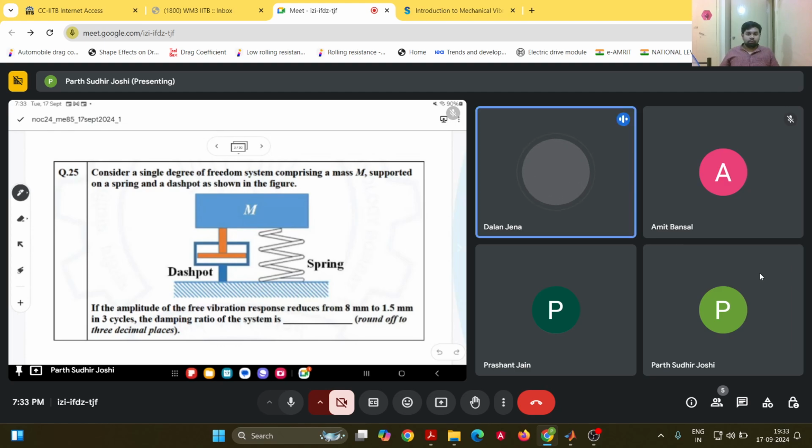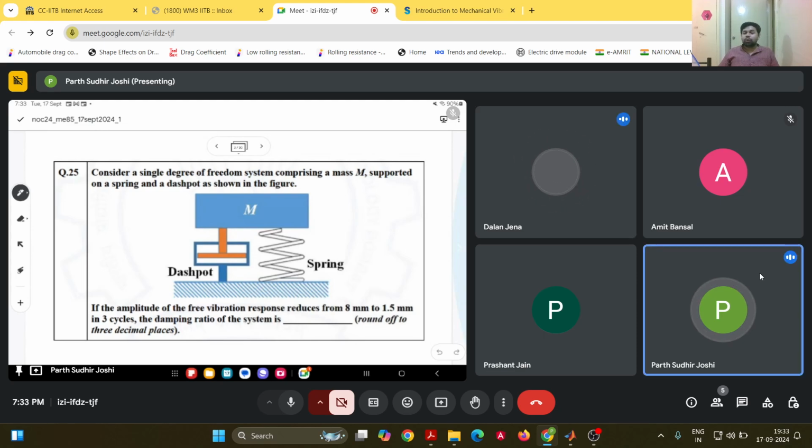Sir, there is a direct formula that 1 by n ln x0 by xn. Yeah, I know, that's what I told you, right? If there is some direct formula, you can always use that. But let us say I don't remember that formula, then how can you derive the same thing?